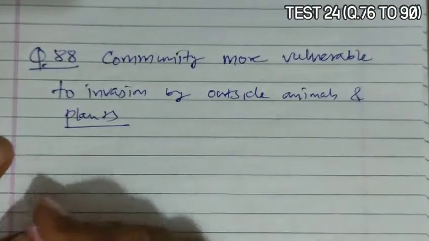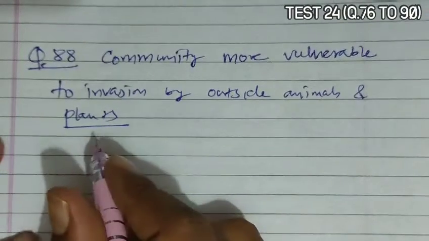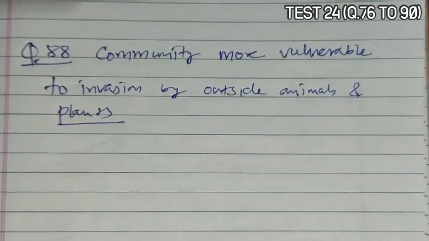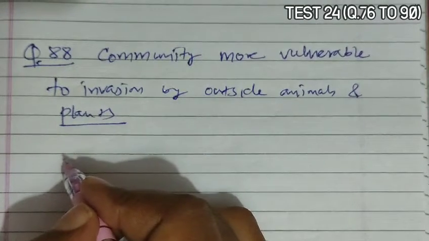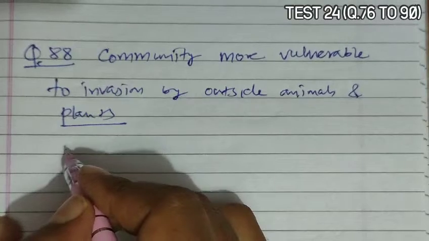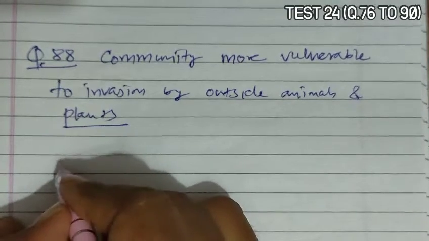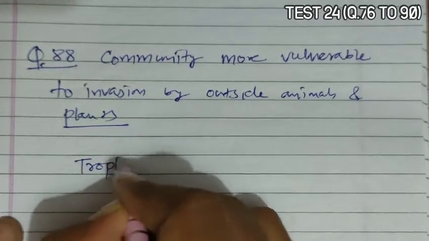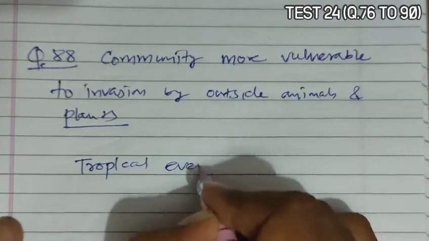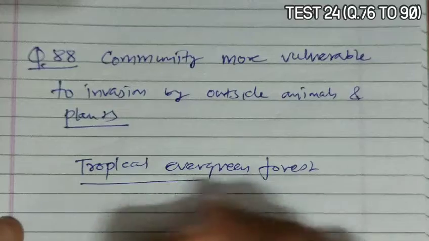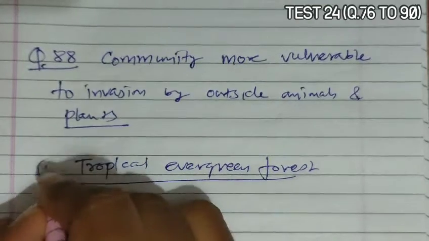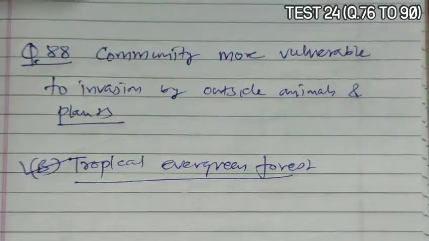Obviously, more productive and nutrient rich areas are more vulnerable to invasion by outside animals and plants. According to this, tropical evergreen forests are the most vulnerable. So B is the correct answer.